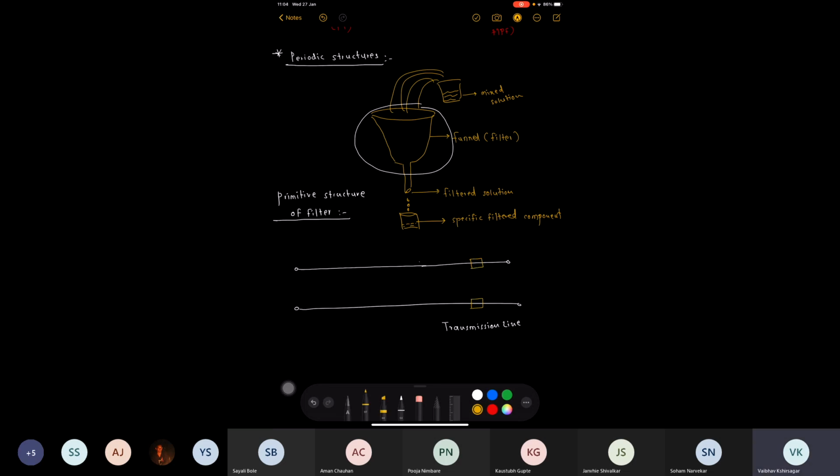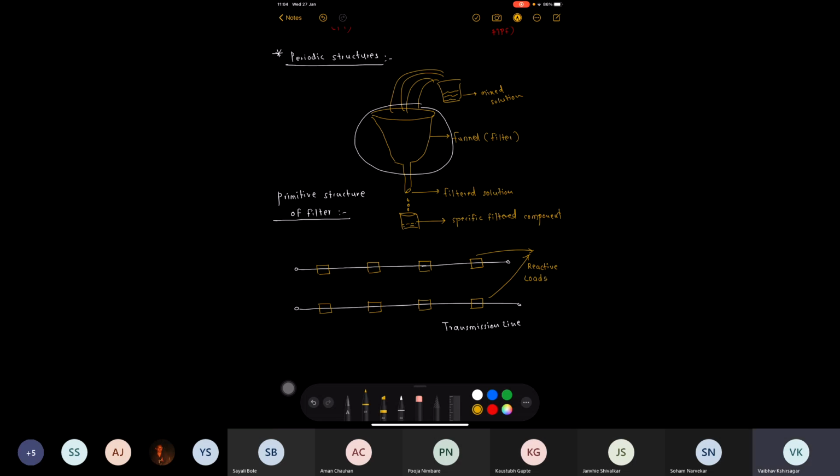So what I'm doing here is loading the transmission line with certain reactive elements. You know reactive elements, generating inductive and capacitive effects. Okay. So what are these known as? These are reactive elements, or you can call them reactive loads.